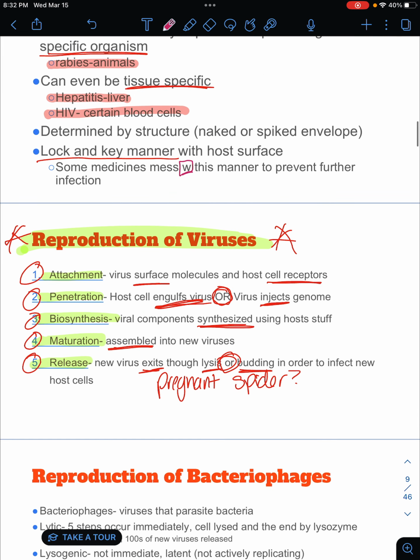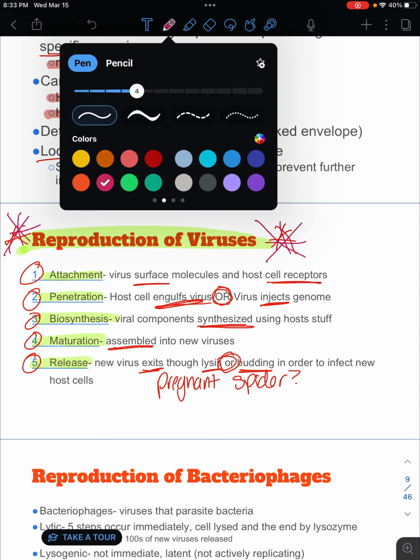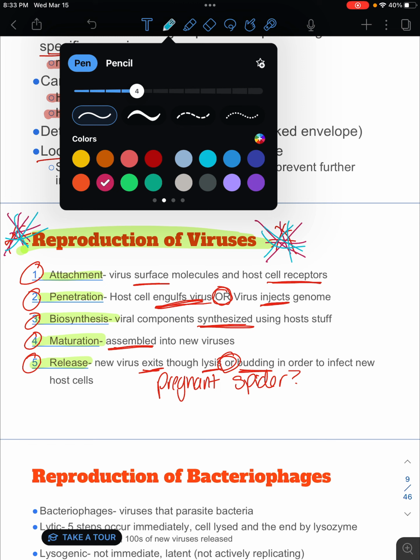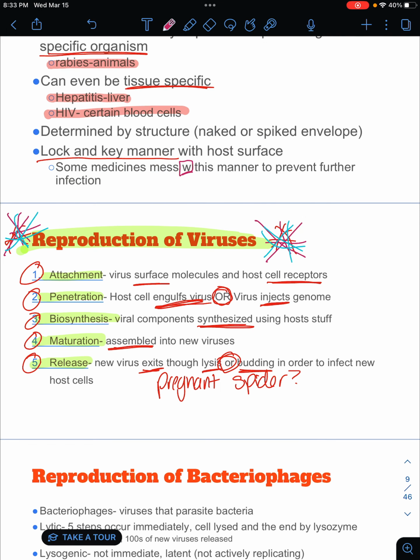Should be with. And then we went through the reproduction of a virus. There are 5 steps, okay, and there are little asterisks because this is super important, okay? Super important. You have the attachment. You have the penetration.